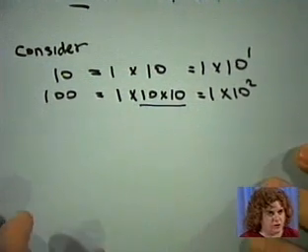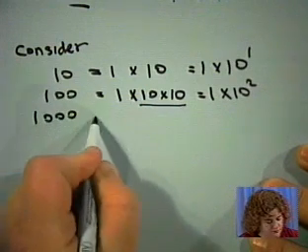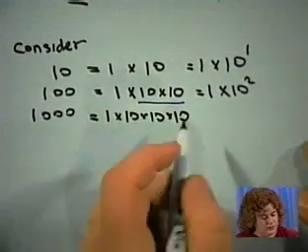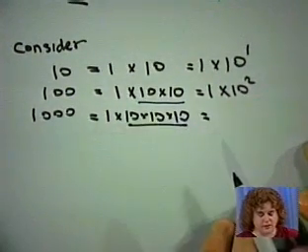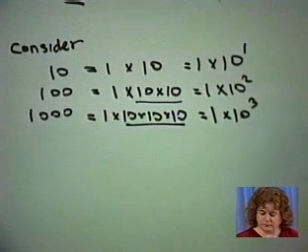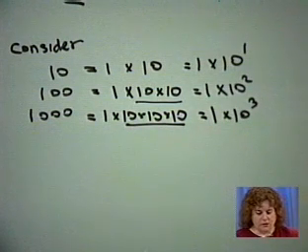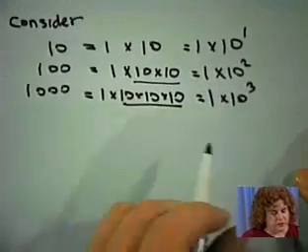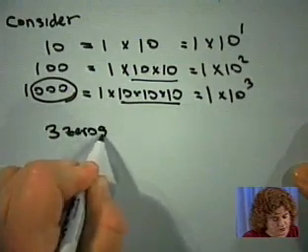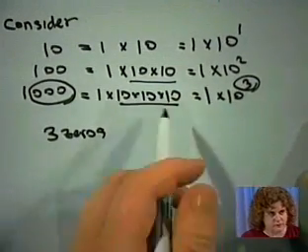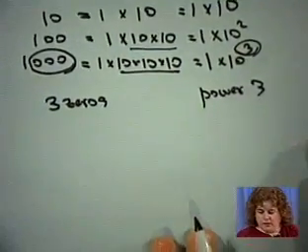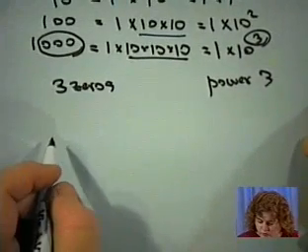And similarly, I could go on with 1,000. That's going to be 1 times 10 times 10 times 10. And looking at the tens again, we have 10 to the third power, so 1 times 10 to the third power. You will notice that the number of zeros is the same as the power on the 10. And that's a very convenient thing. We're going to use that.